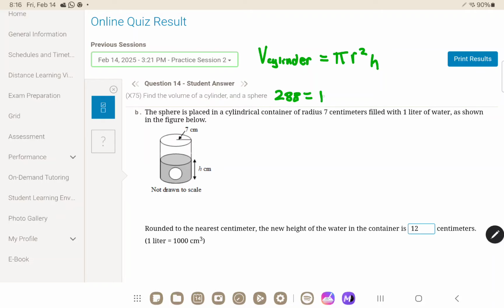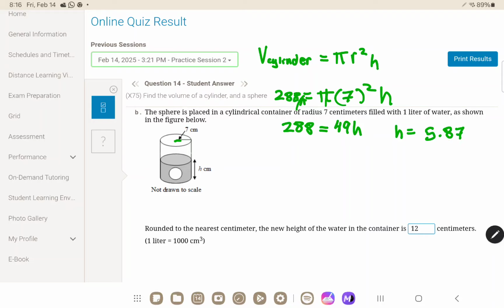So 288 pi equals pi r squared h, where r is 7. Now pi cancels with pi, you're left with 288 equals 49 h. H in this case will equal 5.87 or something like that.